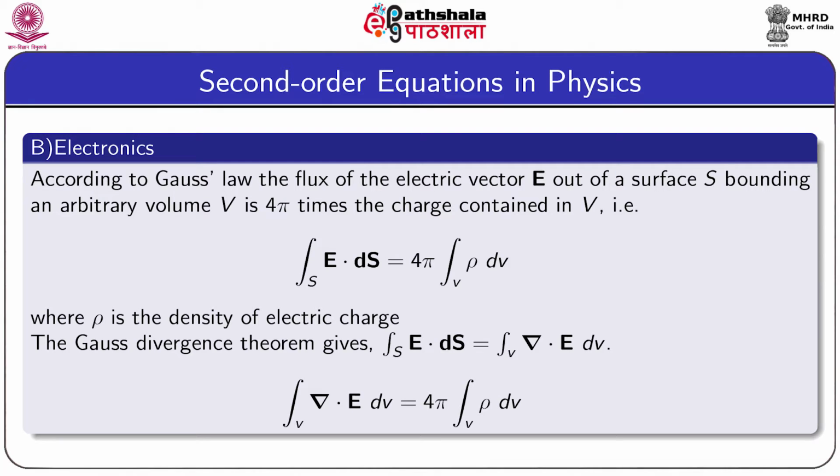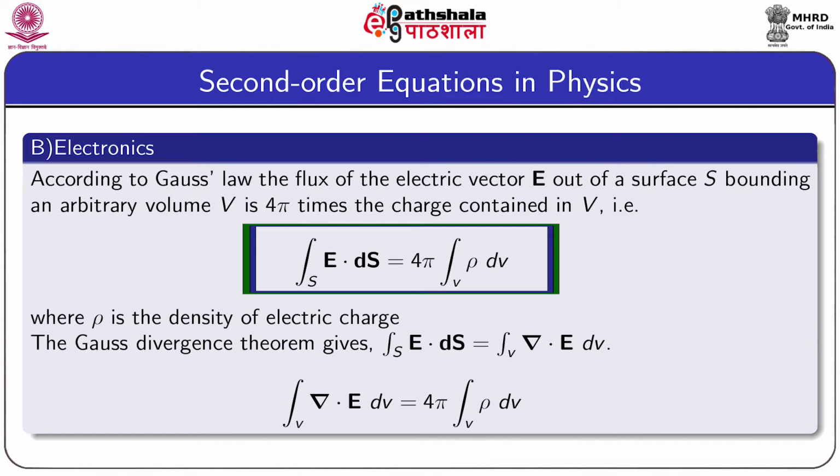Now, I am taking one example from electronics where one can get a second order PDE. According to Gauss law, the flux of electric vector E out of a surface S bounding an arbitrary volume V is 4 pi times the charge content in the volume V. That can be written in integral form as the integration of E dS over S equals 4 pi times the integration of rho dV.